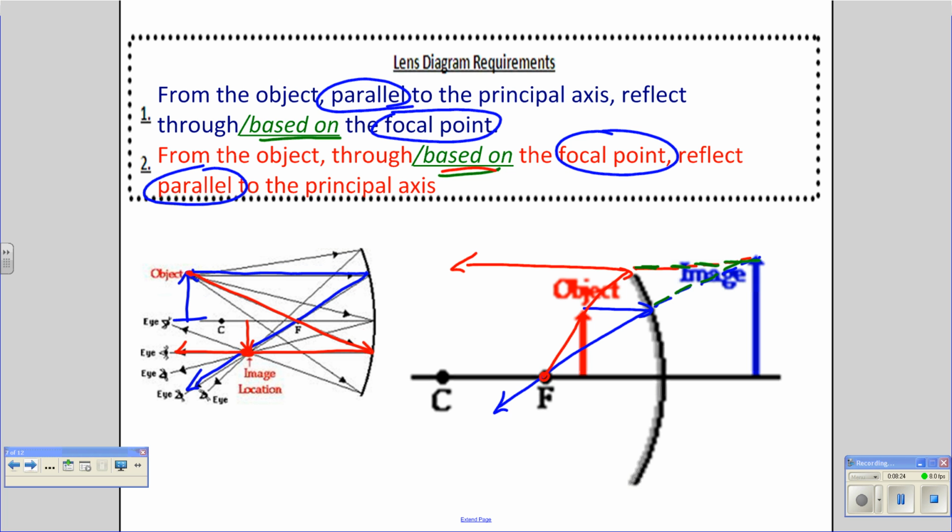Okay, so if it didn't actually reflect that way, it would have reflected that way. So it's 180 degrees, or the exact opposite of the reflection point. And that's why if you're over here looking, you'll see the light meet at this point, forming that image. Okay, so this whole based on thing, pretend you can actually do it. I'll give you an example of convex on the next screen.